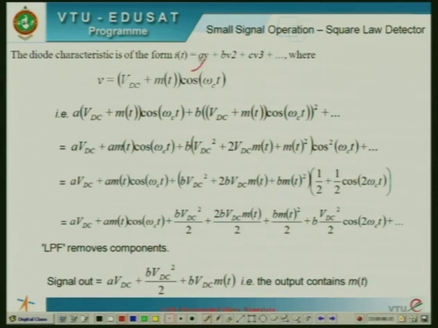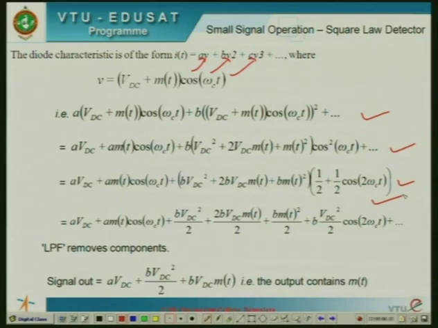Substituting this equation for all the V here, including V square and V cube, we get an expression which, on solving, is AVDC plus AM of t cos of omega ct plus B into VDC square plus 2 VDC M of t plus M of t whole square into cos square omega ct, and so on. Further, by simplifying all these three equations, we come across the final expression.